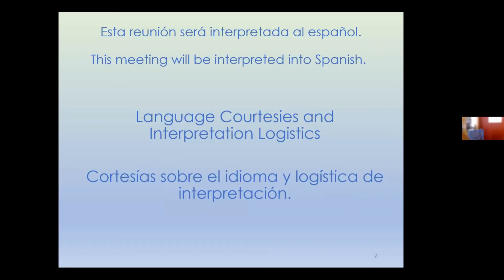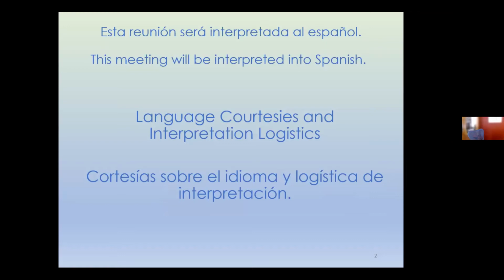Thank you. This evening, we will use Zoom's nearly simultaneous interpretation feature. To ensure that we all get the most out of this webinar, there are a few important things to keep in mind. Presenters, please speak at a moderate pace and take frequent pauses.